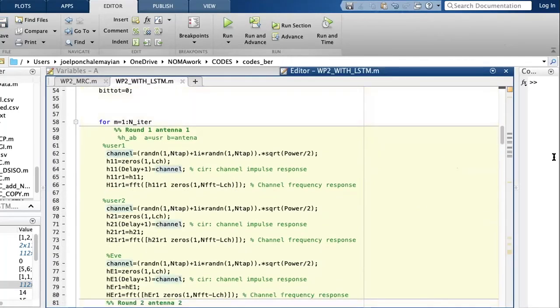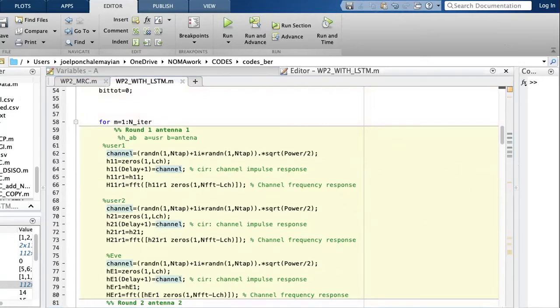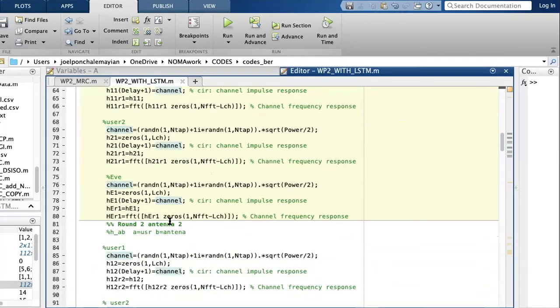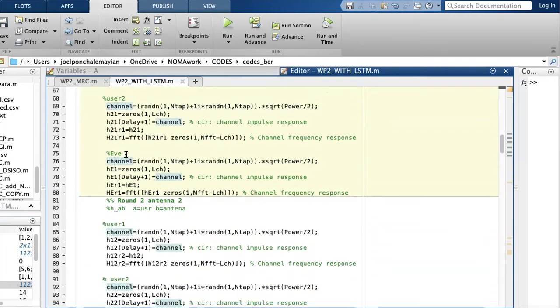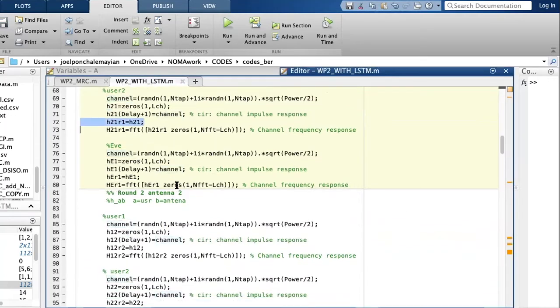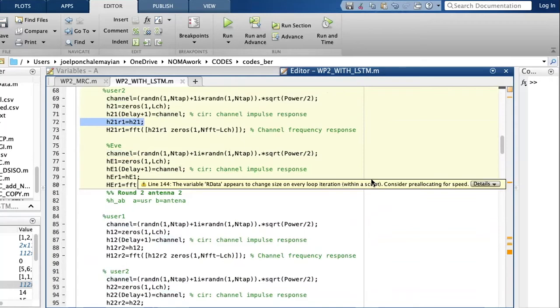We're finding these channels. You can see we have H11 here and we also have H21. This is from the first antenna. Then you also see that we have H12 and H22 here. And here you have H32 and H31.